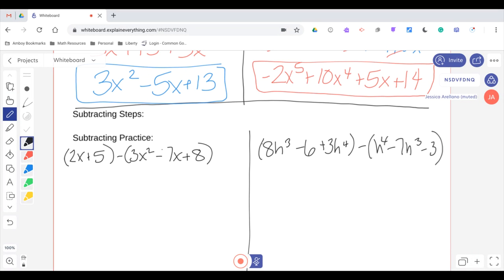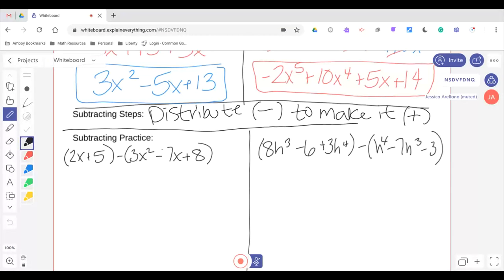We are going to distribute the subtraction sign to make it an addition problem. Okay. Give you a second to write those examples down.